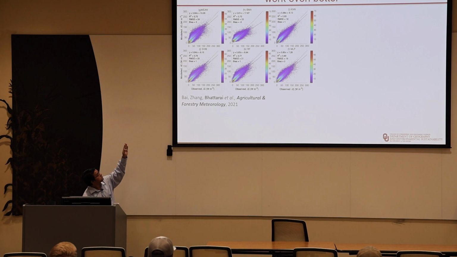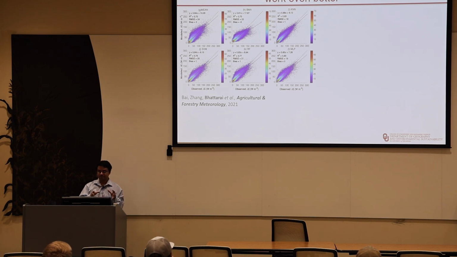The others are different machine learning algorithms: Bayesian model averaging, KNN, the K-nearest neighbor, SVM is support vector machine, RF is random forest, and MLP is the multi-layer perceptron ANN model. These are different machine learning models that were trained using those data, trying to give different weights to different models based on different conditions, and they work more like a weighted average.